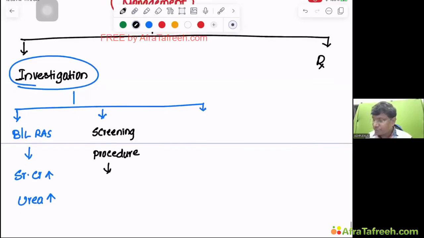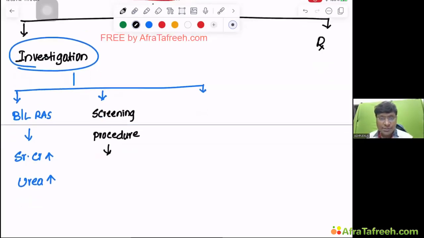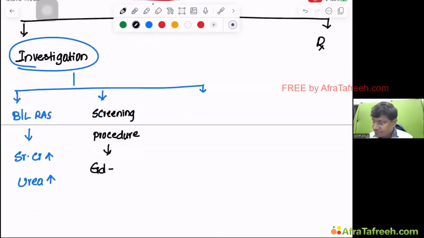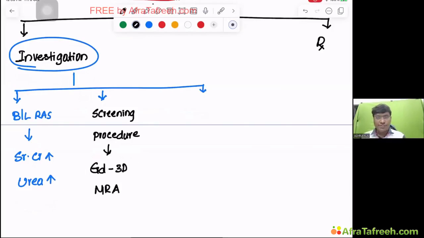Right? The screening procedure of choice for renal artery stenosis is gadolinium enhanced 3-dimensional magnetic resonance angiography. That is the screening procedure of choice, right? That will give you a picture of renal artery stenosis. But what is it which will confirm?